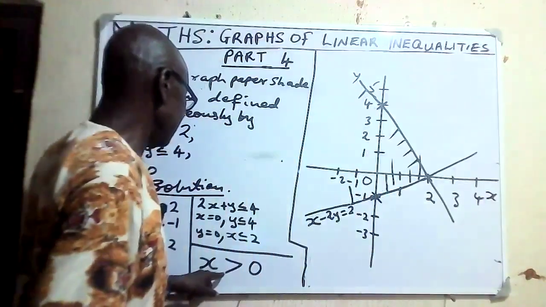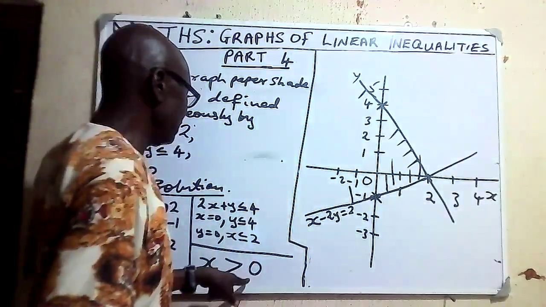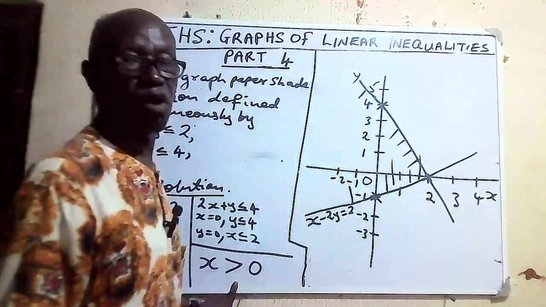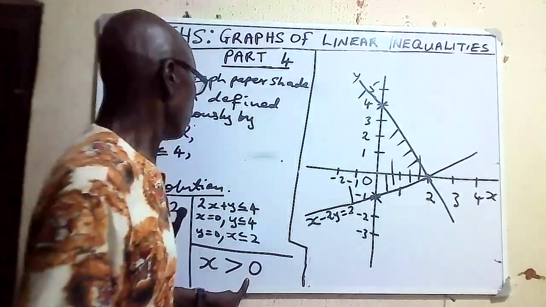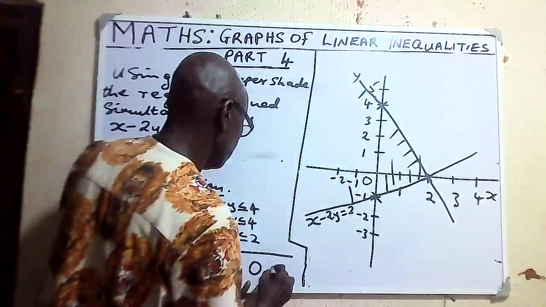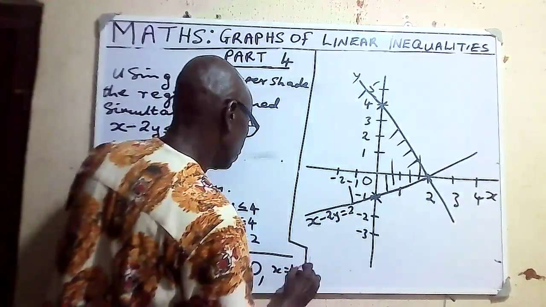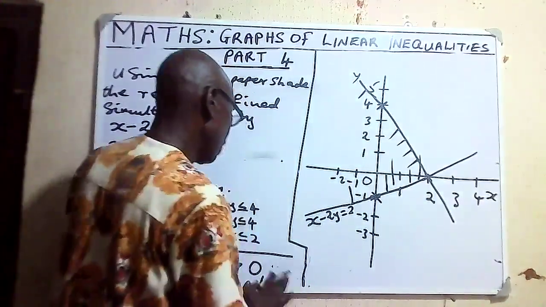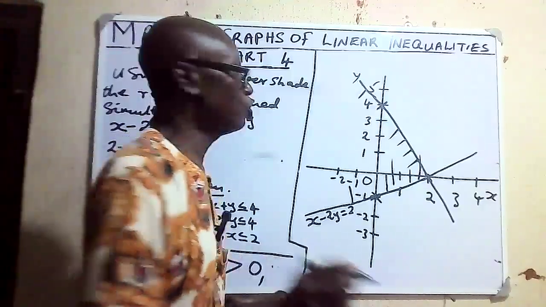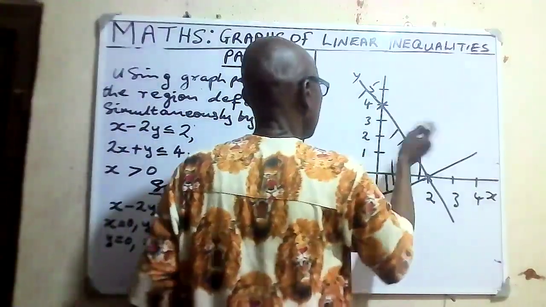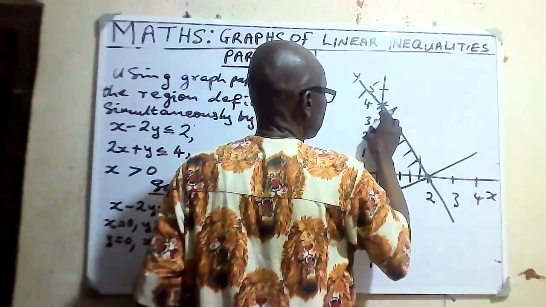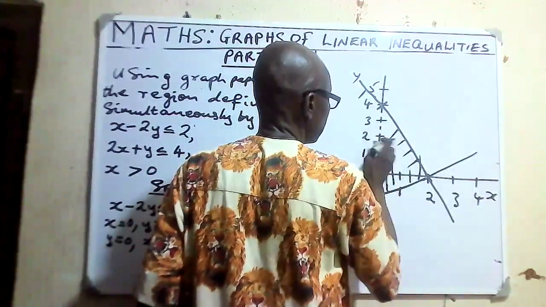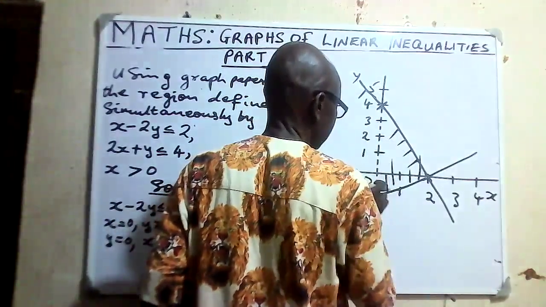And again, because this is greater than 0, that means x cannot take the value of 0. If you are to write the values of x, it should be x equal to 1, 2, and so on. So we are going to use a dotted line to show that, and that means it is to your right. So you can do this to show that it is a broken line.